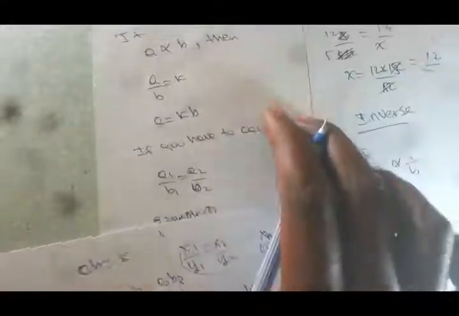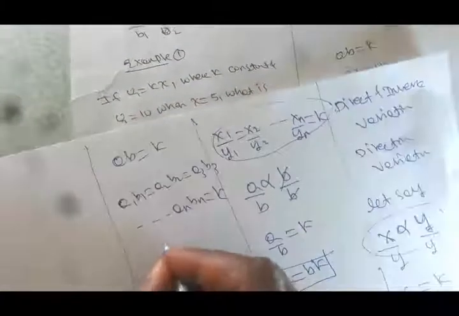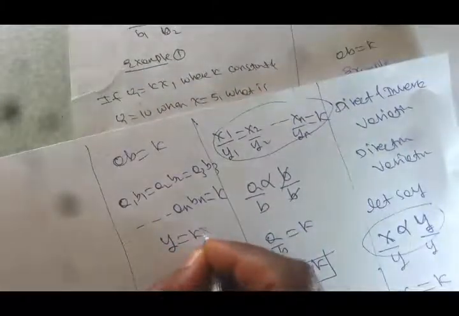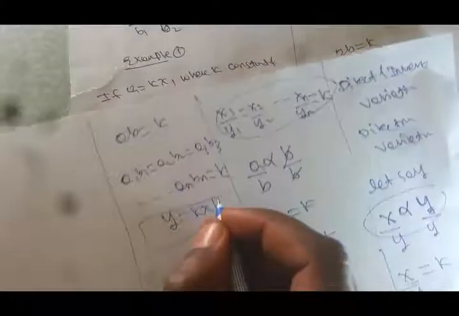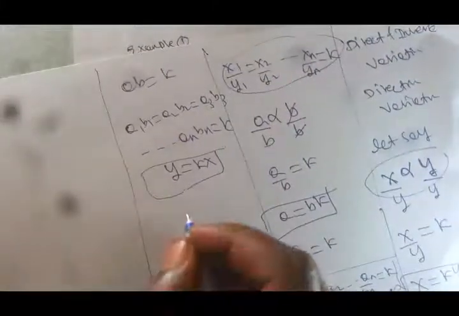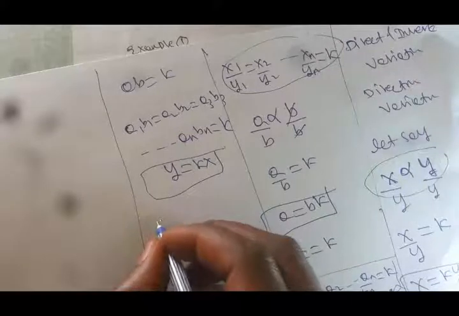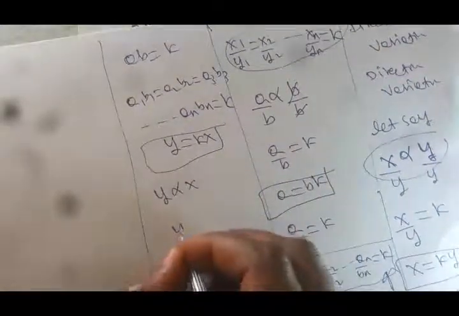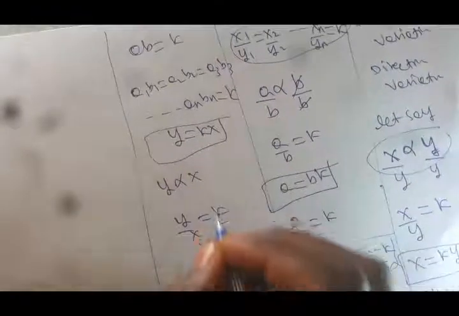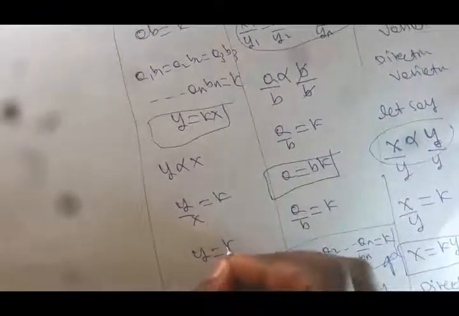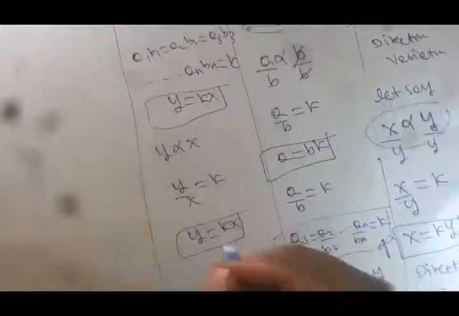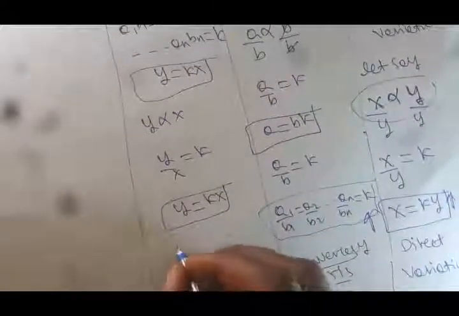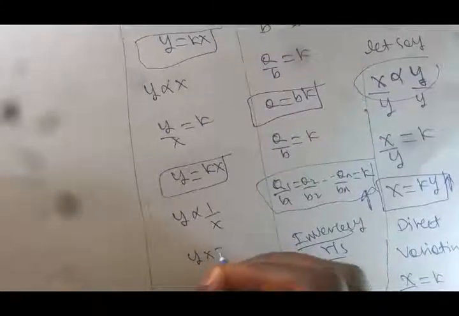Let's do some examples. Example 1. If y is equal to kx, first we have to know whether it is directly proportional or inversely proportional. We know that if y is directly proportional to x, y over x is equal to k, so y is equal to kx. Yes, it is directly proportional. If it was inversely proportional, y is proportional to 1 over x, cross-multiplying, yx is equal to k.